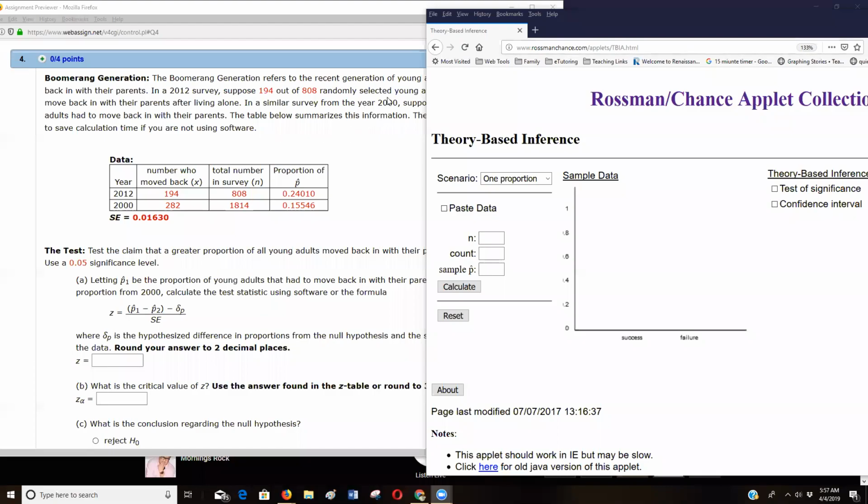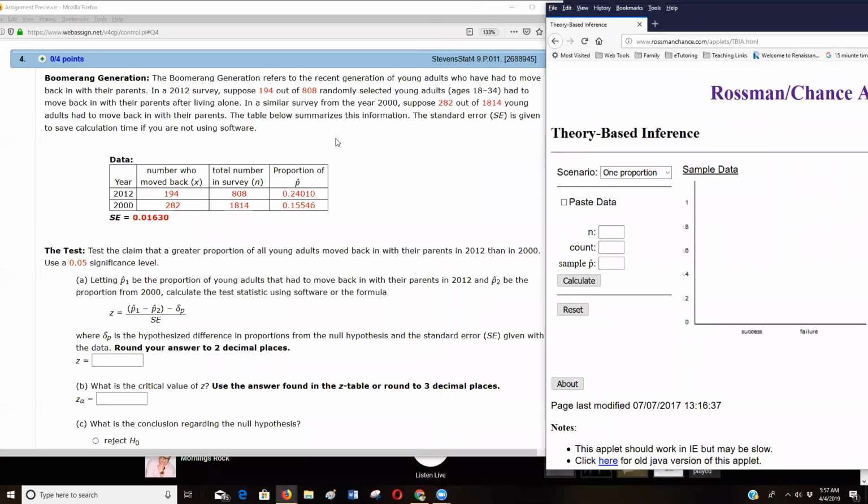Okay, so here's one version of that boomerang generation problem on the chapter 9 web assignment exercises, and they're telling us to test to see if the proportion of young adults who are back living at home is greater in the 2012 survey versus back in the 2000 survey.